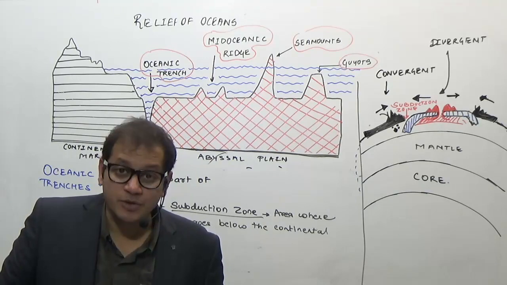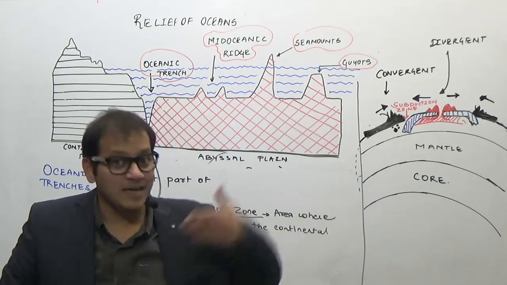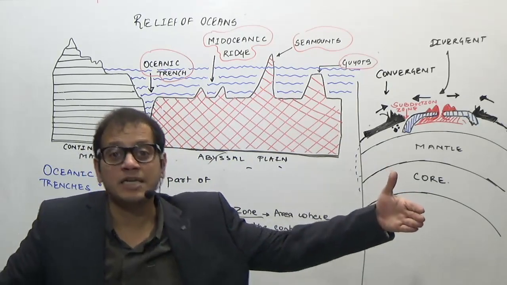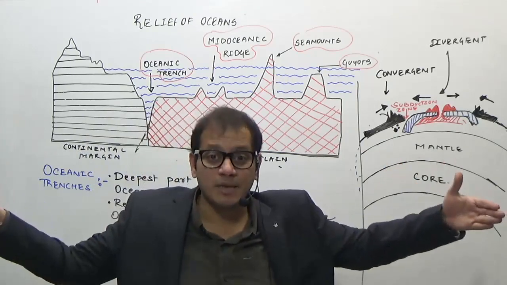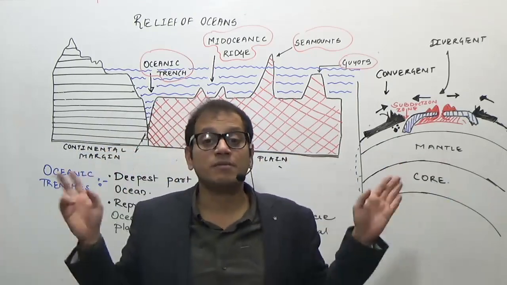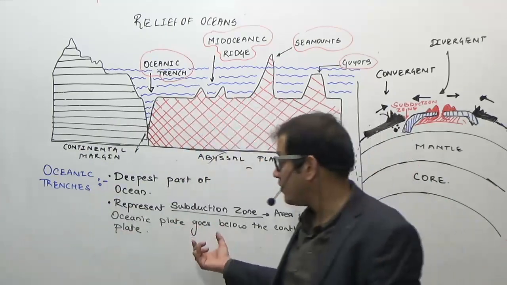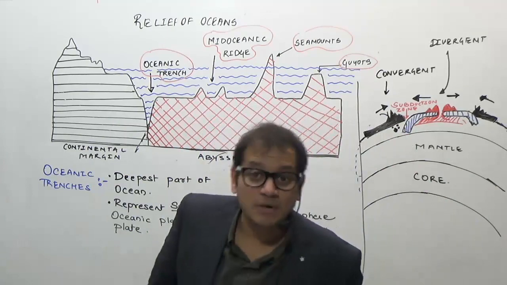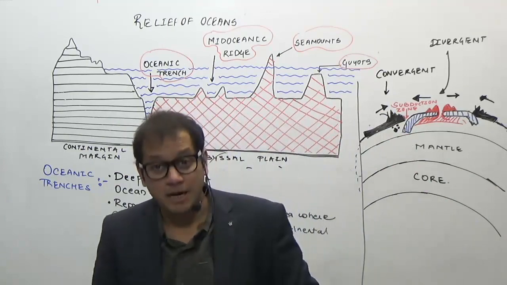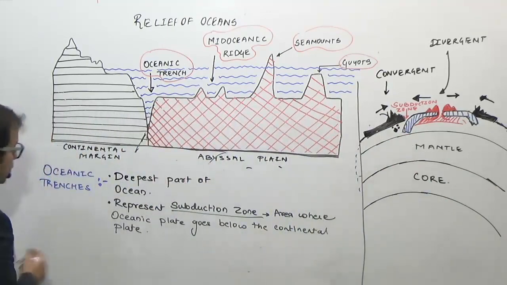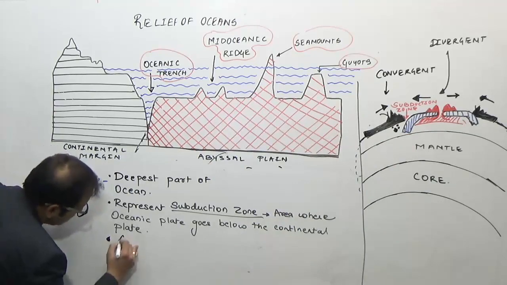It is the Pacific Ocean. Because on one side the Pacific Ocean is going below the Asian plate, at the other side it is going below the American plate. Please watch your plate tectonics lecture again if you are facing any difficulty. Therefore, the oceanic trenches are also sometimes called a Pacific-like margin. Now, you remember the oceanic trenches.